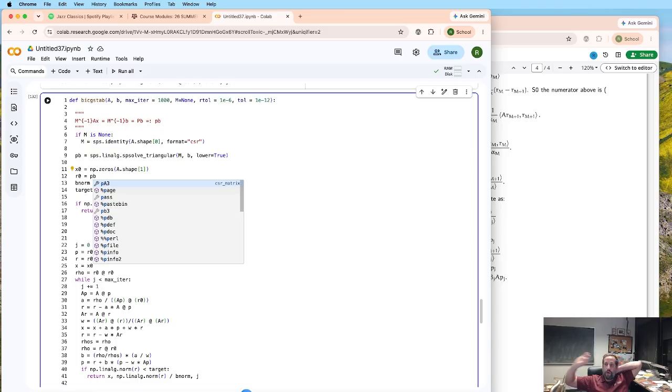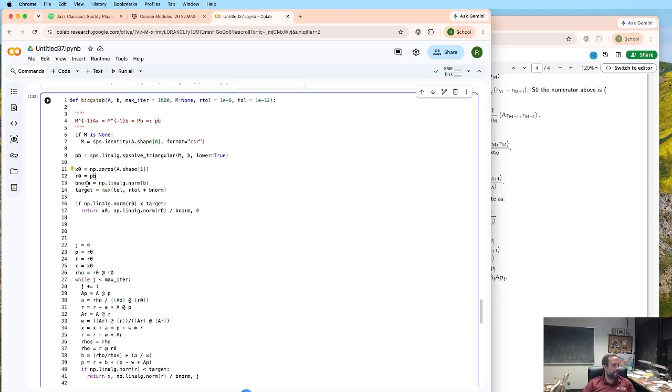However, when we compute the residuals to determine whether or not we have ended, we need to compute the residuals using the actual system, b minus Ax, not Pb minus PAx. So you have to keep both things.